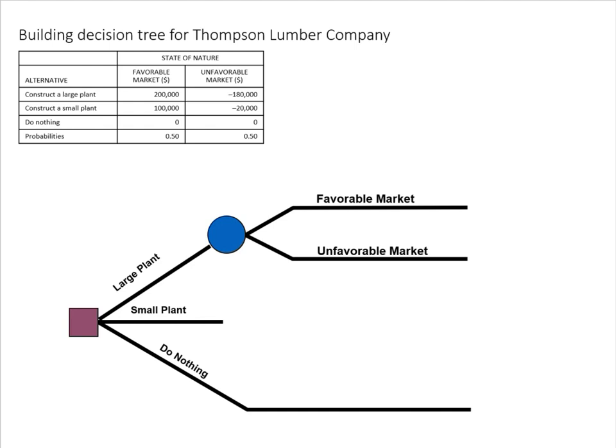Whenever you draw branches for uncertainties, like in here, you also need to mark at each branch the probabilities of each possible outcome. Since I know the chance of having a favorable or unfavorable market is equally likely, which is at 50% chance, so I'm going to write 0.5 here and 0.5 here.